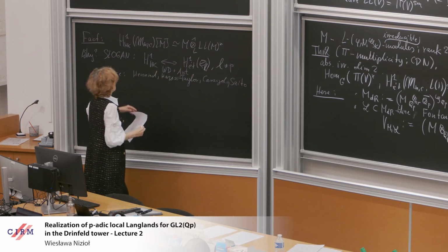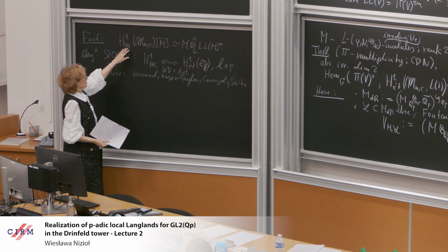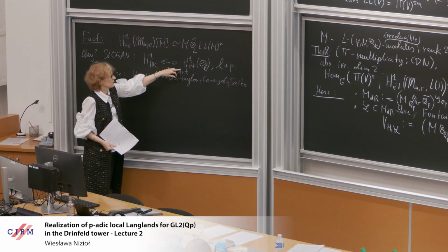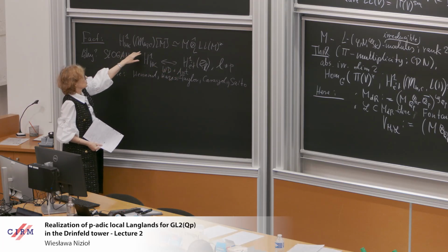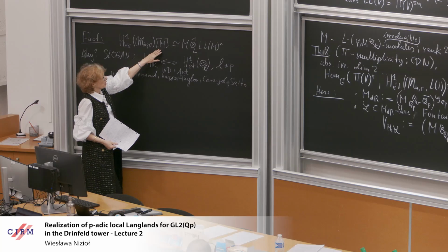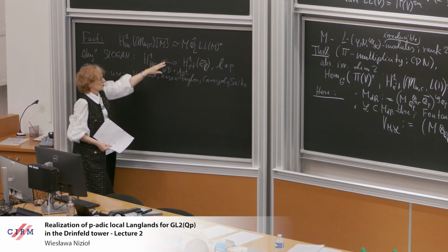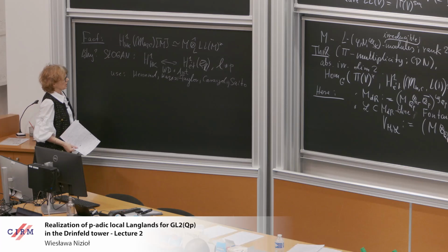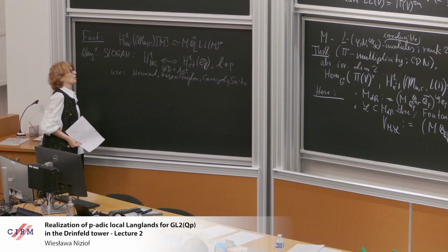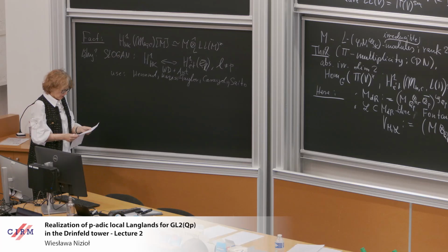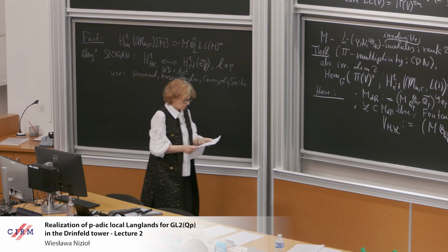Okay. If you compare it with l-adic etale, you see that you have the Jacquet-Langlands component here, you have the local Langlands component here, and this plays the role of the Galois representation. So that gives us the handle on the Hyodo-Kato.